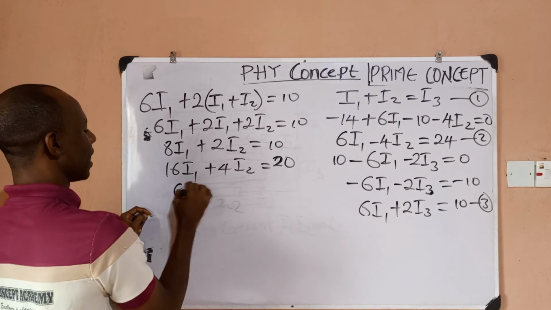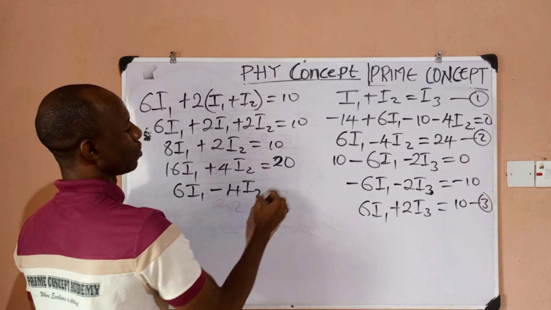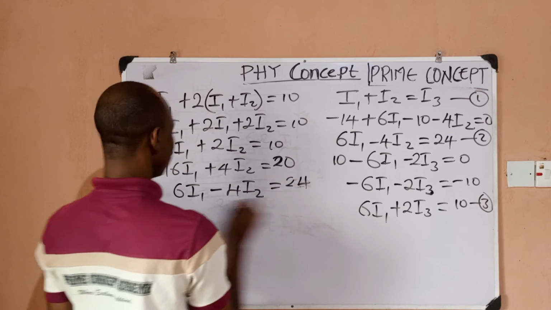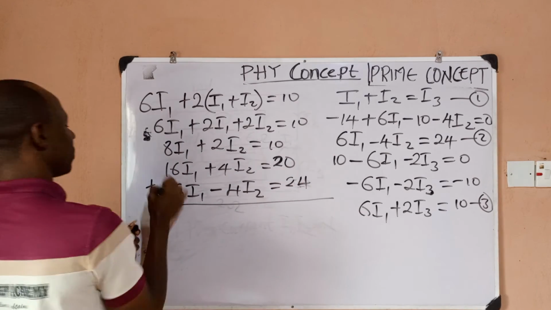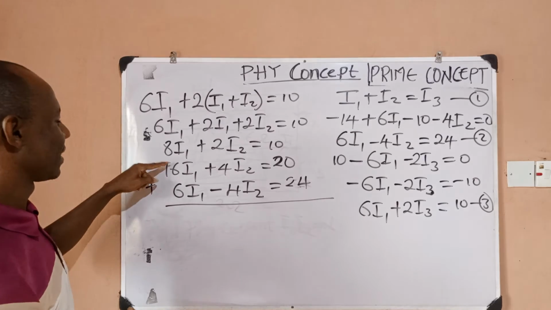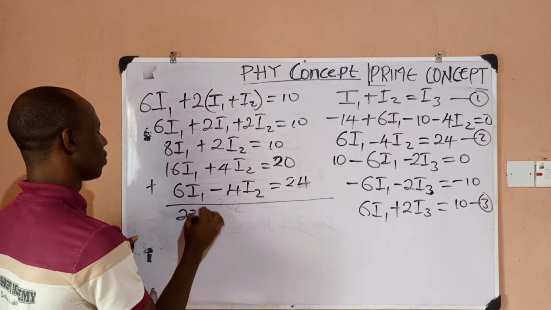So I have 6I1 for equation 2 minus 4I2 and then equal to what now? 24. So I'm going to add up these two equations. So if I add 16 plus 6 is going to give me 22. So this is 22I1.